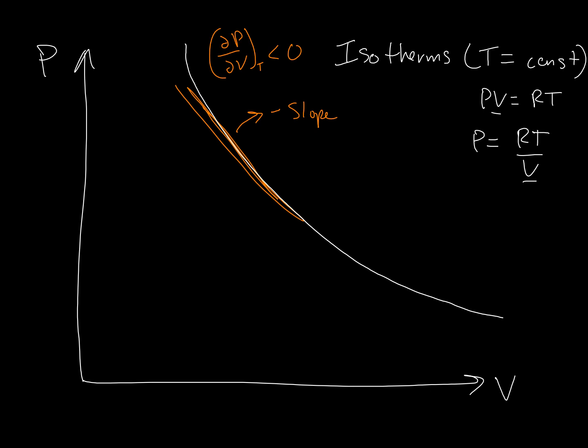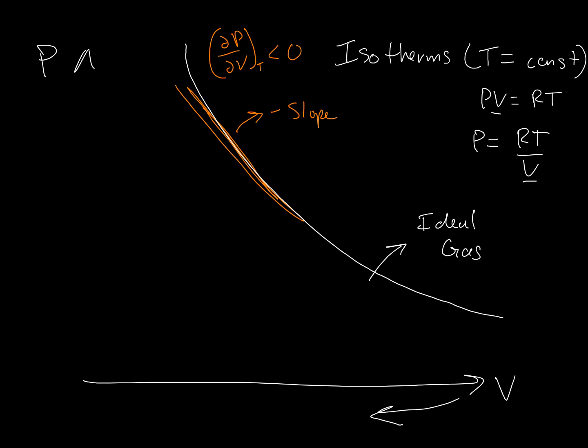So in a cubic equation of state, at low pressures and high volumes, we get ideal gas behavior. But as you reduce the volume and increase the density, actually no, pressure doesn't really matter.